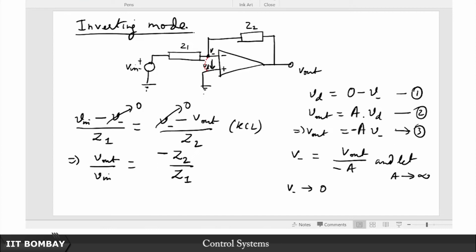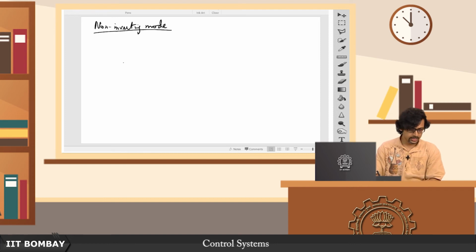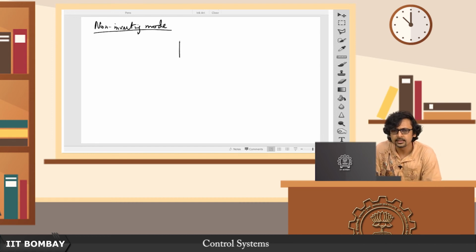Of course this is only one part of it, this is just the inverting mode. What if we look at the non-inverting mode of an op amp? So here is what we have then, the non-inverting mode. In the non-inverting mode, the connection is a bit different. We have minus plus once again as before, this time with the inverting terminal and the non-inverting terminal.